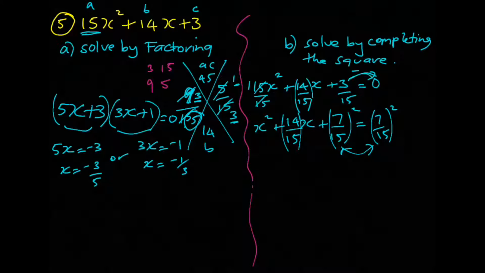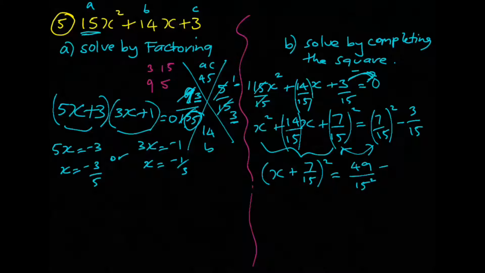And don't forget, we're bringing this 3 on 15 over to be a negative, so 3 minus 3 on 15. So we've got, this is a perfect square now, x plus 7 on 15 squared equals 49 on 15 squared minus 3 15s are 45, so minus 45 on 15 squared.